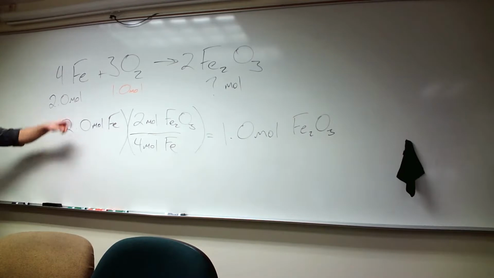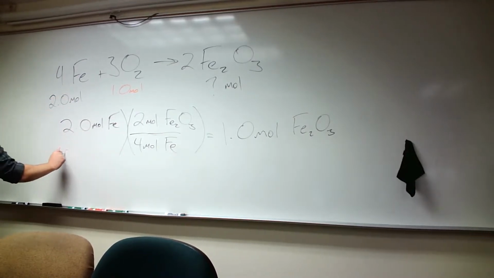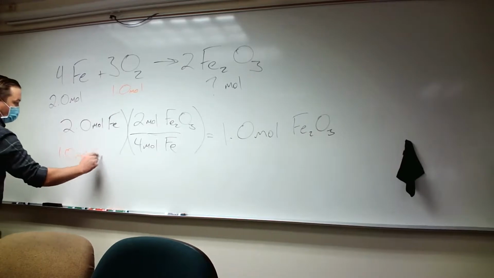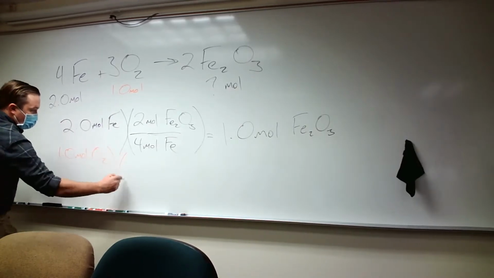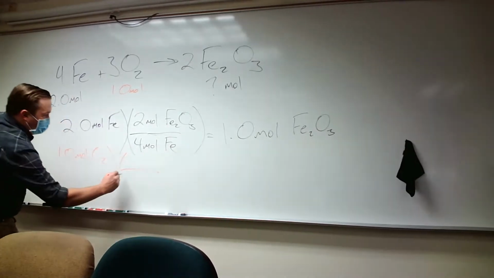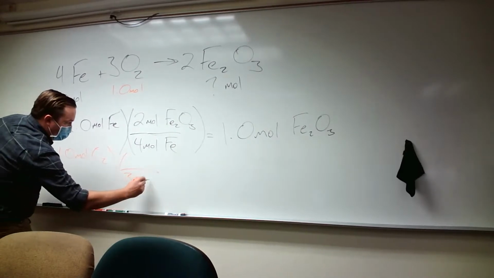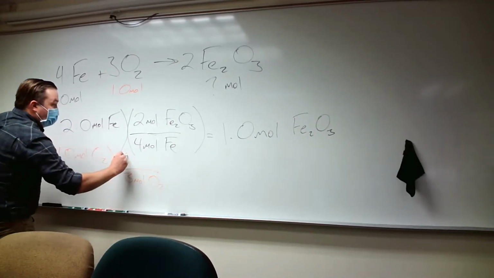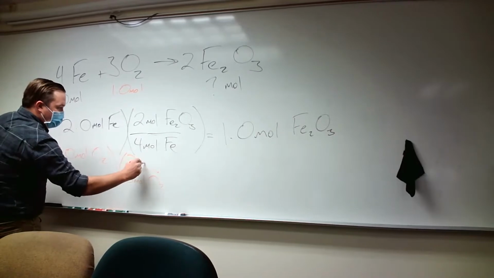Then we do the same calculation, but now from oxygen. If I have 1.0 mole of oxygen, and every 3 moles of oxygen makes 2 moles product.